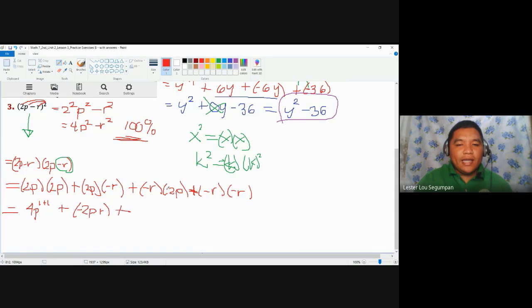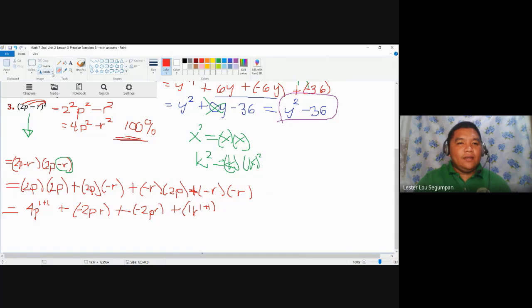And plus negative 1 times 2 is negative 2. r has no partner, p has no partner, but arranging them alphabetically, you have p, r. And finally, plus negative 1 times negative 1 is positive 1. r times r. This is 1 plus 1.